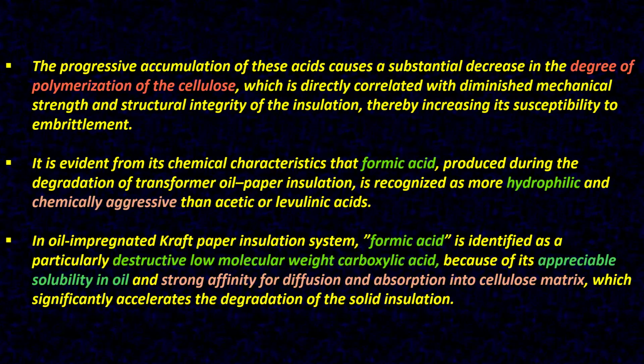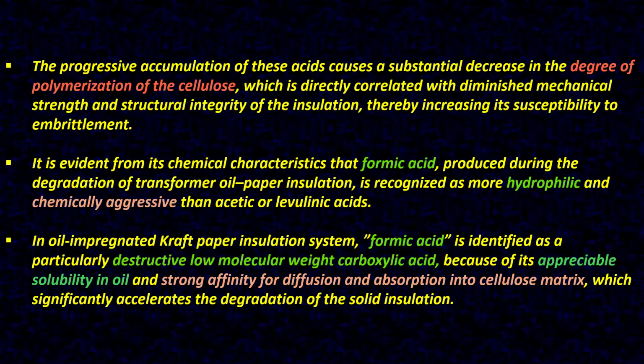The progressive accumulation of these acids causes a substantial decrease in the degree of polymerization of the cellulose, which is directly correlated with diminished mechanical strength and structural integrity of the insulation, thereby increasing its susceptibility to embrittlement.